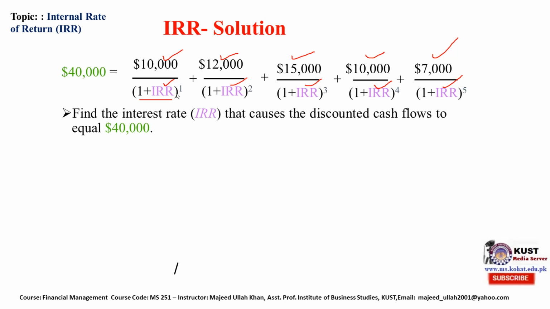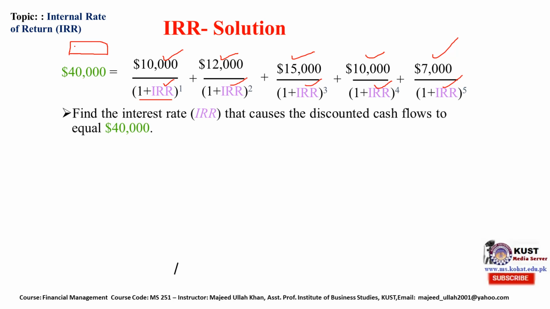So we will have to try one rate and then another rate. In this interpolation method, one rate will give you a cash flow that will be less than 40,000.